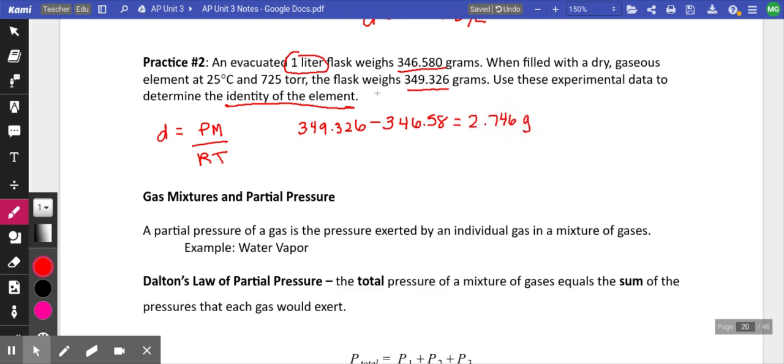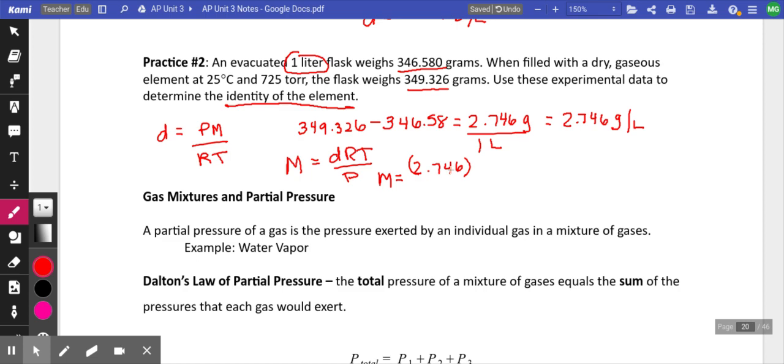I know this is the grams in 1 liter, so I divide by 1 liter and get a density of 2.746 grams per liter. Now I go back to my density equals PM over RT equation. I could also write this as molar mass equals dRT over P. My density, which I just solved for, was 2.746.